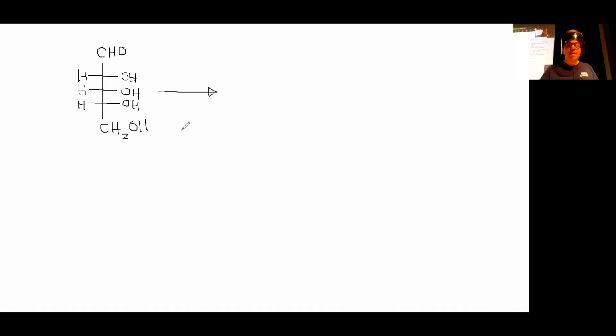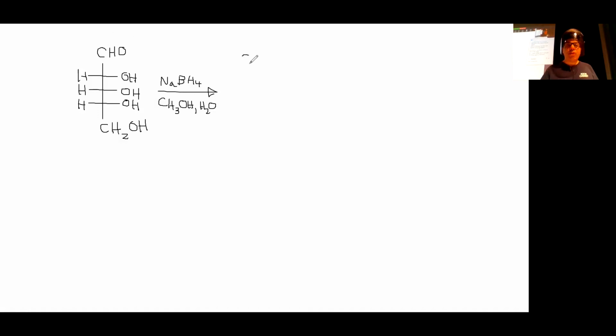I don't know what that's called, but I know it's an aldopentose, and I know it's a D sugar because my penultimate OH is pointing to the right. So that much I do know, and I think you do too, or at least you will. We already discussed reagents like sodium borohydride.